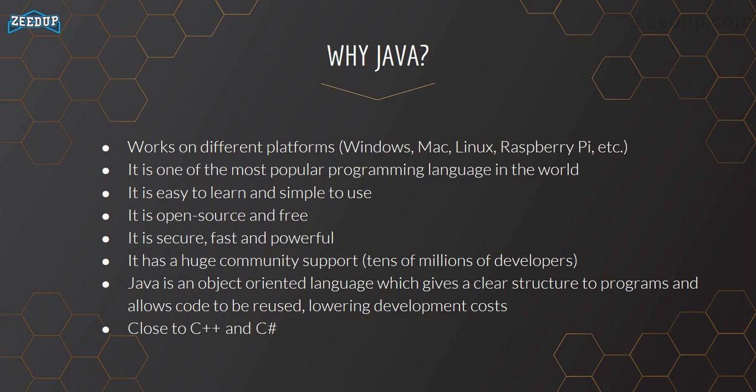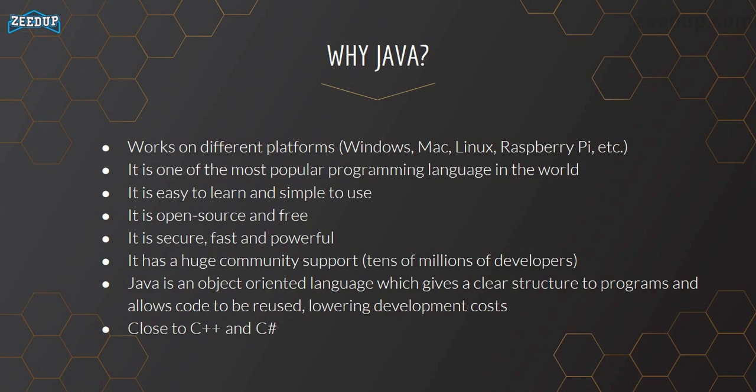No matter which operating system you are using, be it Windows, Mac, Linux, Raspberry Pi, whatever, Java will work on it. It is one of the most popular programming languages in the world because of this reason. It is not like you need a particular operating system to run Java. You can switch operating systems and Java will work similarly on all.